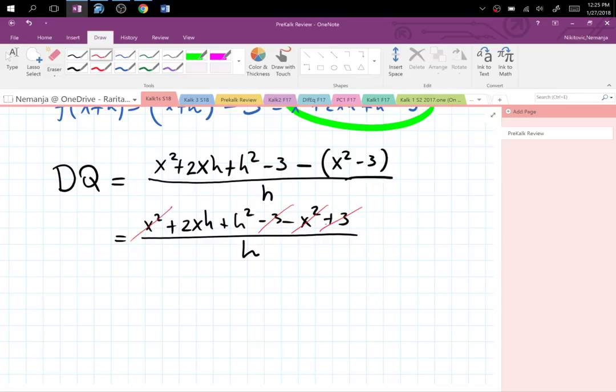You have positive x squared, negative x squared, gone. Negative 3, positive 3, gone. The only terms that are left are ones that have h. And you can factor the h. You get 2x plus h divided by h, and then this h dies.